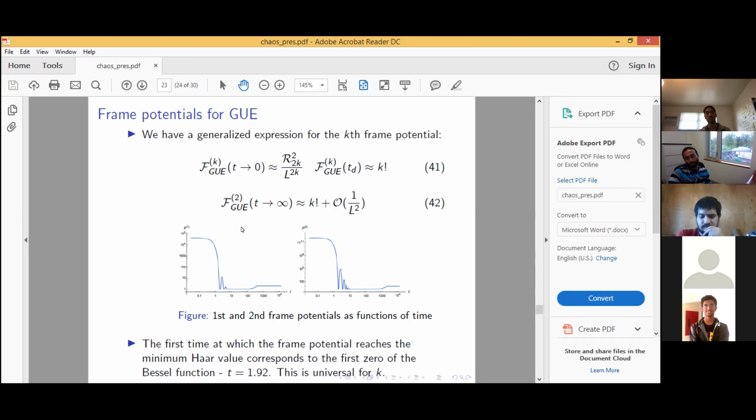One thing we could say is once we approach Haar randomness, after that point of time, the physics could be described entirely using random matrix theory. So random matrix theory, as we have seen, fails at early times. So if we could obtain a time scale at which this becomes approximately Haar random, then we could say that from that time scale onwards, it's described entirely using random matrix theory.